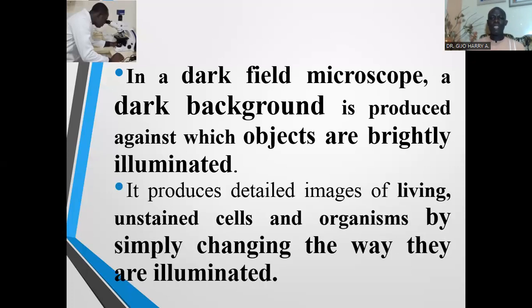It produces detailed images of living unstained cells and organisms by simply changing the way they are illuminated. So the cells do not need to be stained in a dark field microscope. But a bright field microscope will require staining of some organisms.